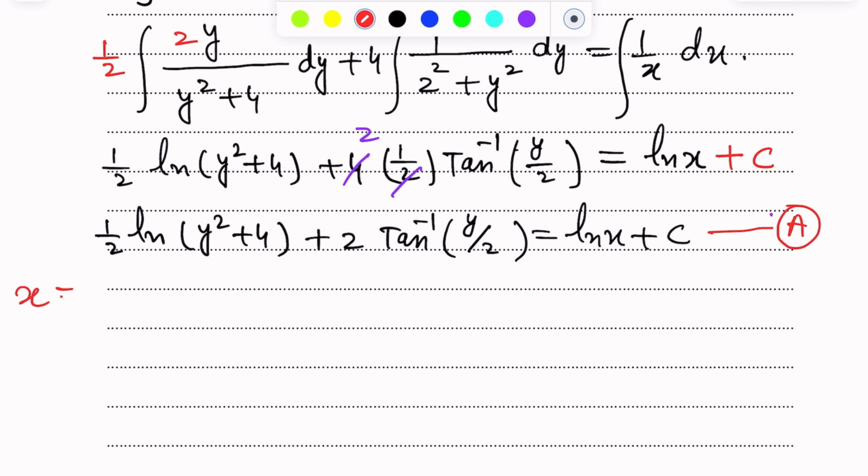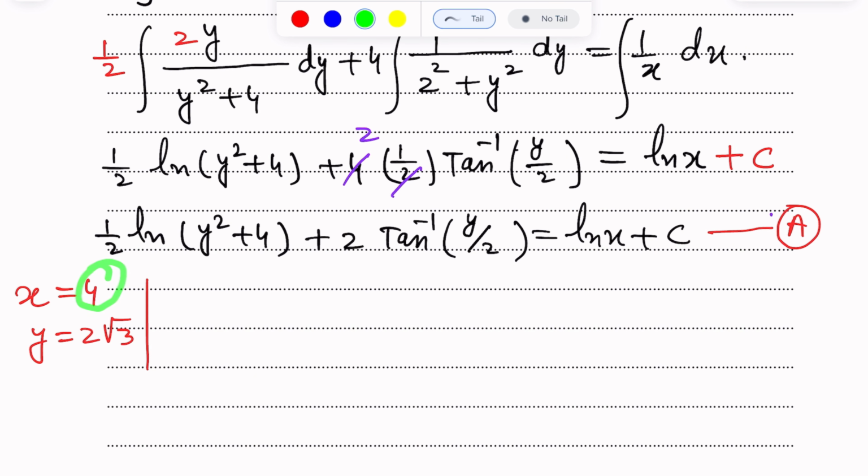Now in place of x we will put 4, and in place of y we are putting 2 under root 3.